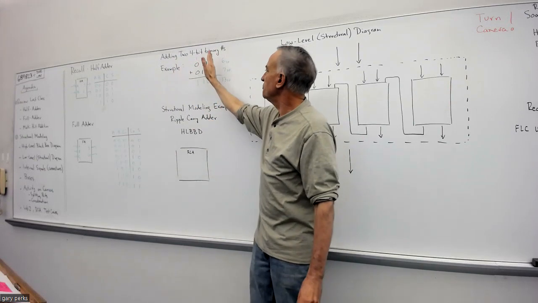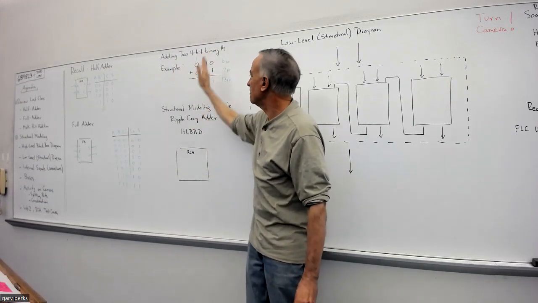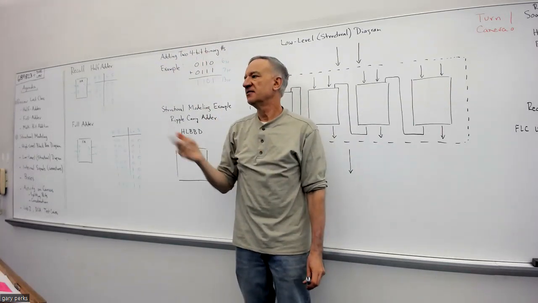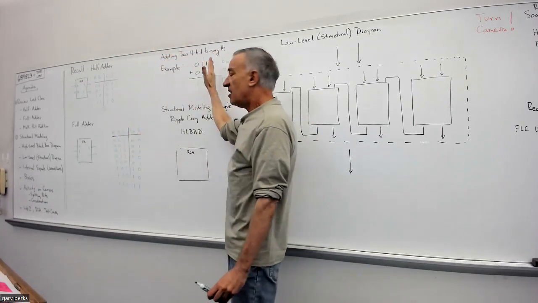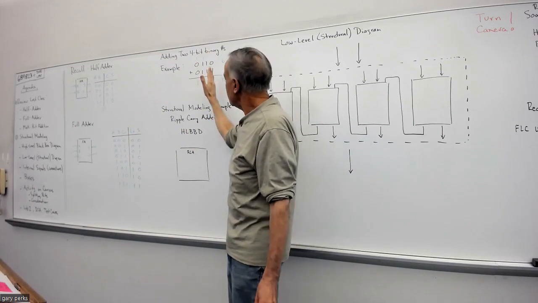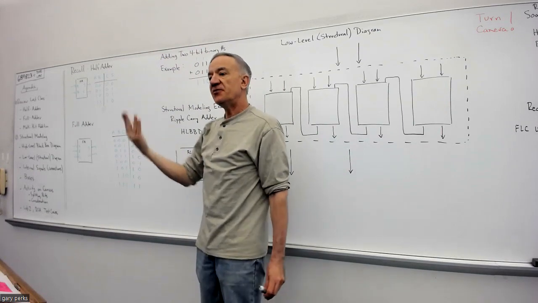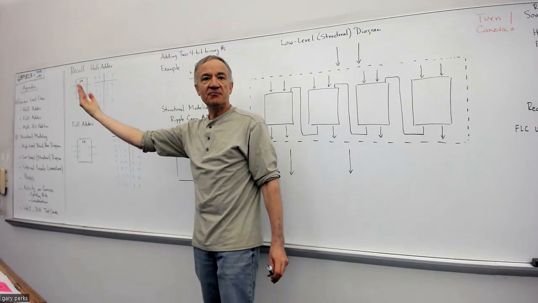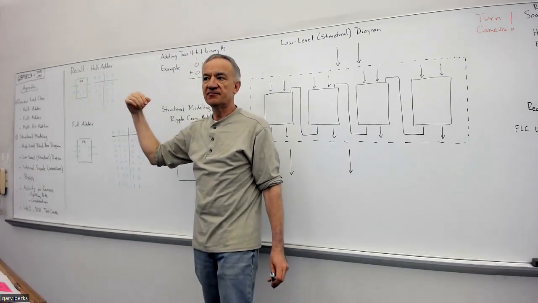And why do you suppose we could use a half adder for this column? Because you can't use a half adder for any other column except for this least significant column. Why is that? There's nothing to get carried over. Right, exactly. This column would never have a carry in. So that's why this column here can be a half adder. But all these other columns would have to be full adders, because all these other columns could have a carry from the column to the right of it.